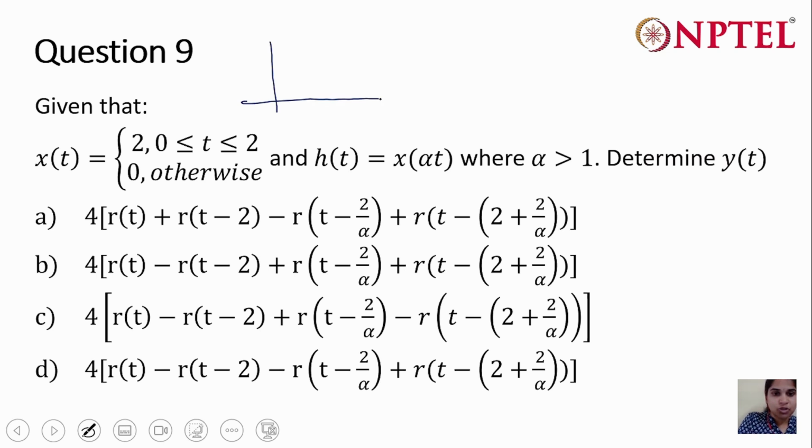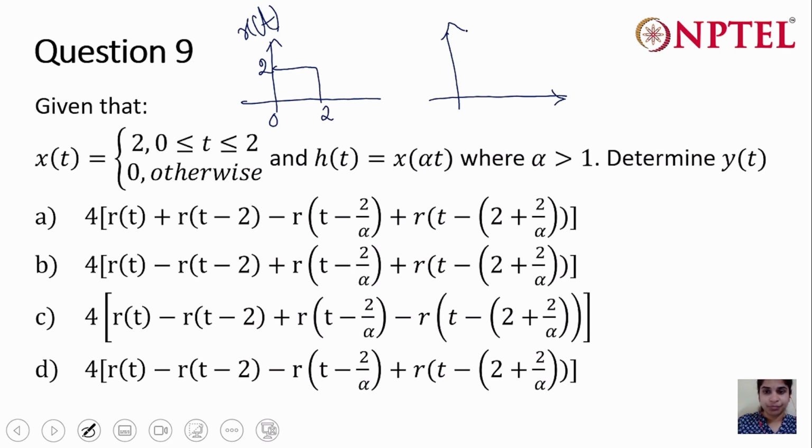So what is x of t? x of t is very clear to us. It is from 0 to 2, this is x of t. What is h of t? h of t is x of alpha t where alpha is greater than 1. What if alpha is 2?